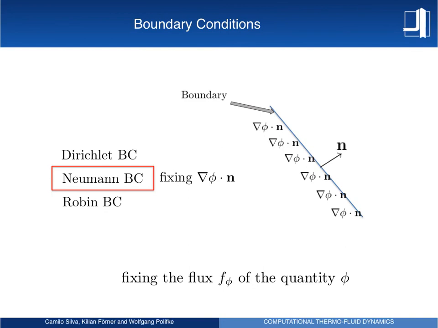So in this case we are talking about the flux of heat, and this is going to be given by the Neumann boundary condition. This is also used for imposing adiabatic boundary conditions, when the flux is 0, and it is also very useful when you impose symmetric boundary conditions.